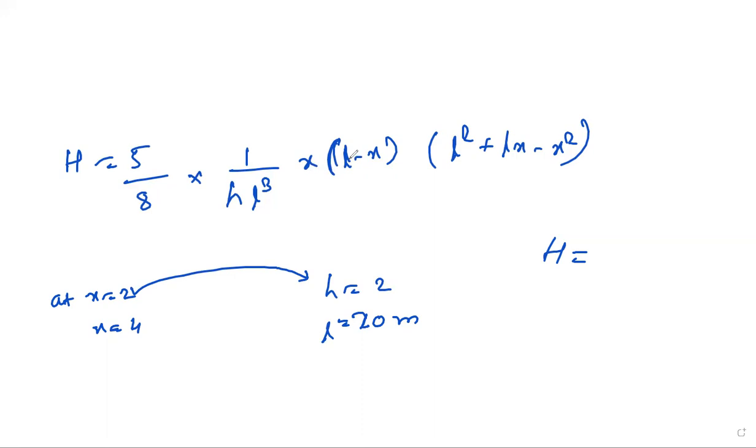Use this equation: 5 by 8, 1 by H L cube, x L minus x, L square plus L x minus x square. L square common, okay. Do it fast and give me the value of H for x 2 meter and x equal to 4 meter.